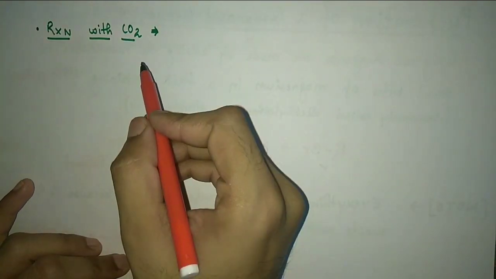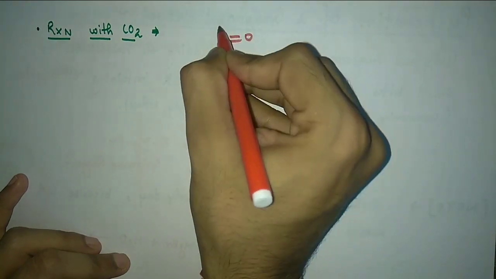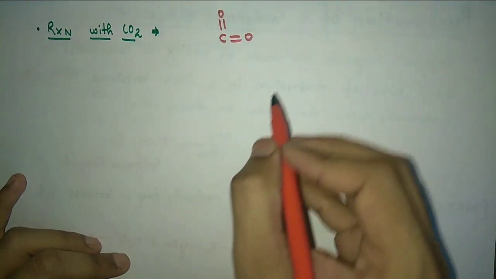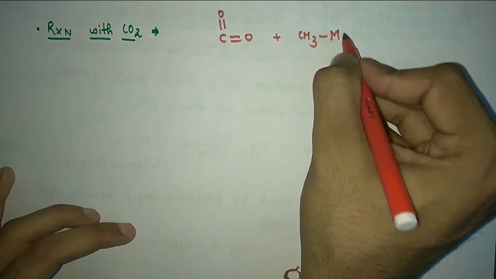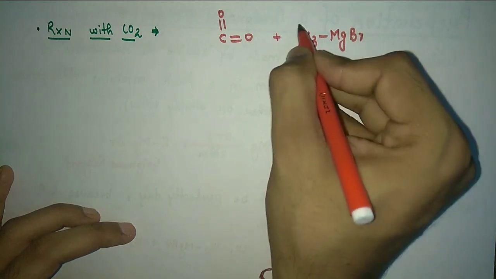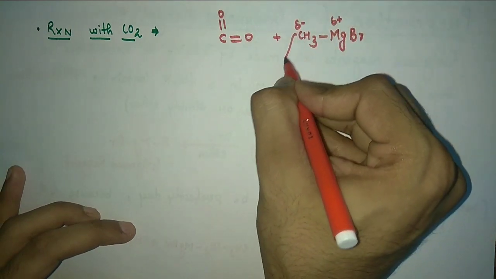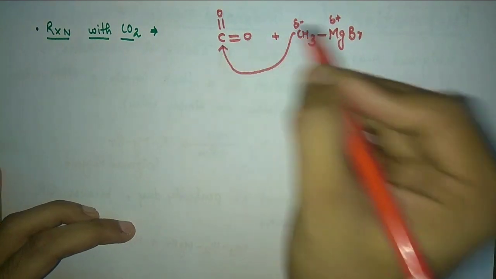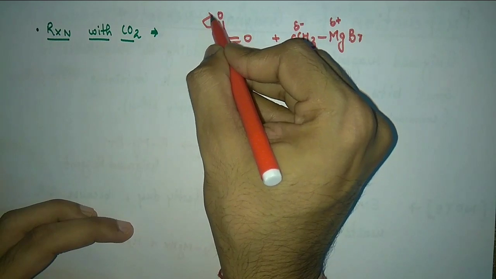Now the next is reaction with CO2. So what happens when Grignard reagent reacts with our CO2 molecule? This is our CO2 and this is Grignard reagent, CH3, Mg, Br. So this is partially negatively charged and this is partially positive. So what happens? This goes to this positively charged carbon atom of the carbon dioxide, and this bond moves to this.